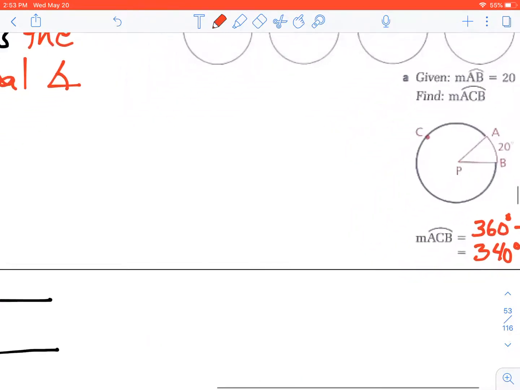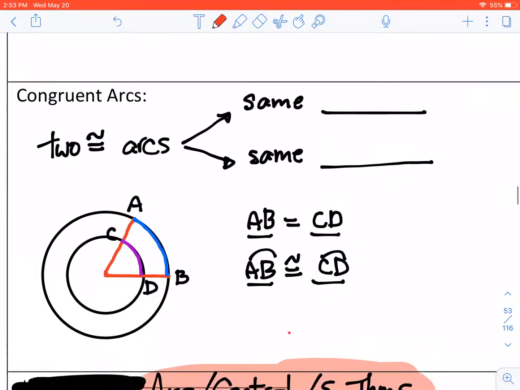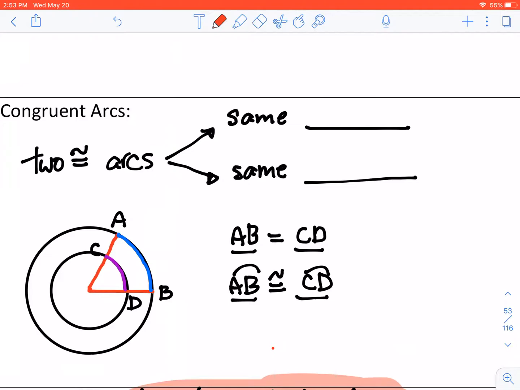All right. Congruent arcs, arcs that are the same. Same what? A couple things. They need to have the same measure. Now that's not the only thing it needs, because it needs to also have the same radius. An example here are 2 arcs that we see, AC and CD.